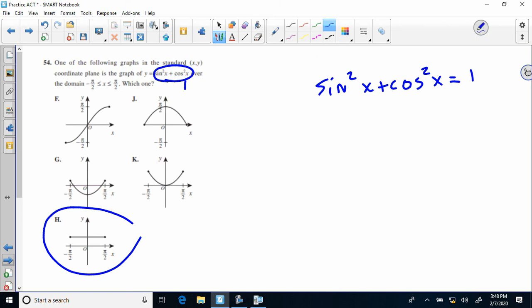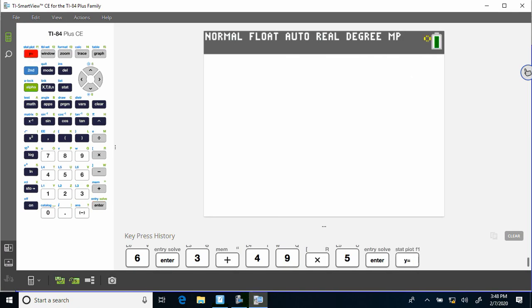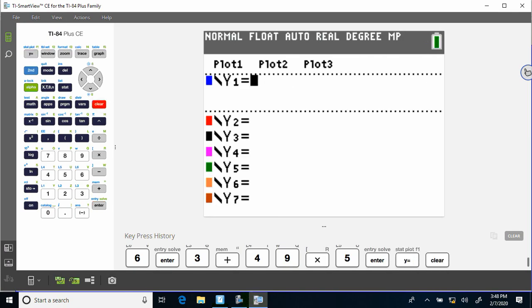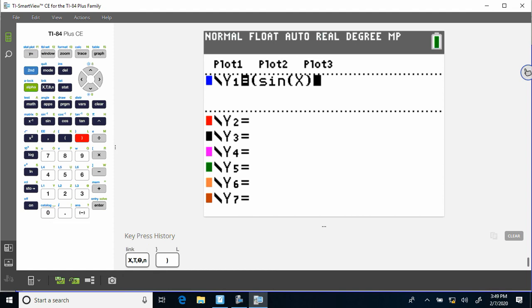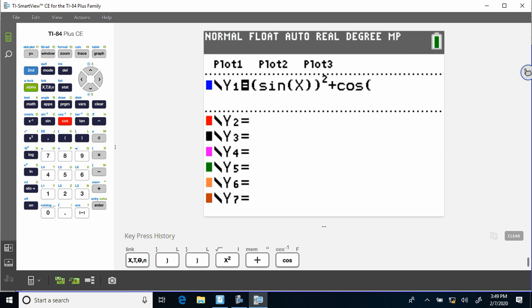If you do not know that, let's say you've never learned it or you have forgotten it, all you really have to do is throw it in a calculator. You'd go over to your calculator and plug in sine squared of x plus cosine squared of x. So you're going to enter sine of x, squared, which most people don't know how to enter in their calculator, plus cosine of x, squared, and we want to graph it.